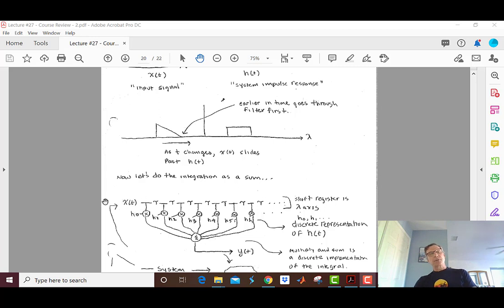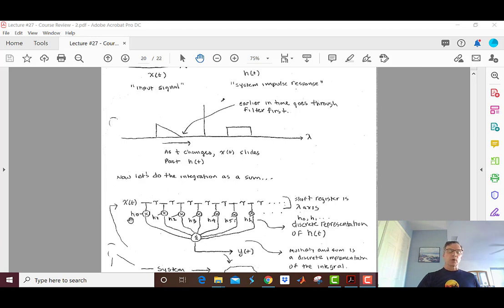Because if I put the triangle in, it's going to get delayed, and then it's going to come here, and you're going to see it slide through this thing because of these time delays. It's like a little bucket brigade passing it through. But what's going to sit still? This thing sits still. So I'm going to represent it as a bunch of what we call tap weights.